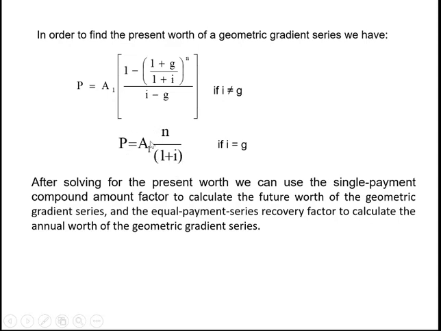In this formula, n is the number of periods, A1 is the value of the cash flow at period 1, and i is the interest rate. So we have two formulas to calculate the present worth of a geometric gradient series for two situations.